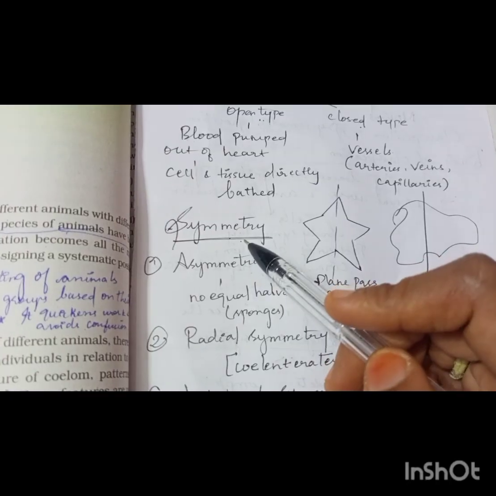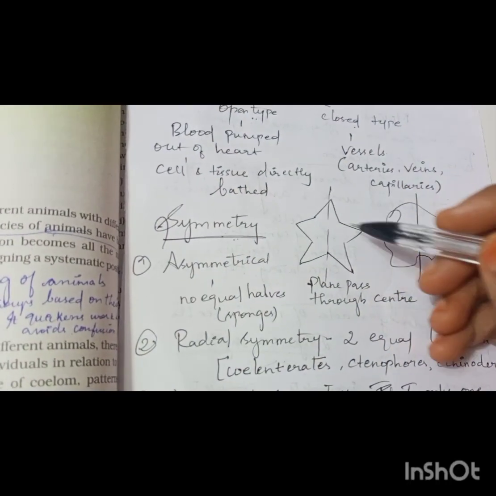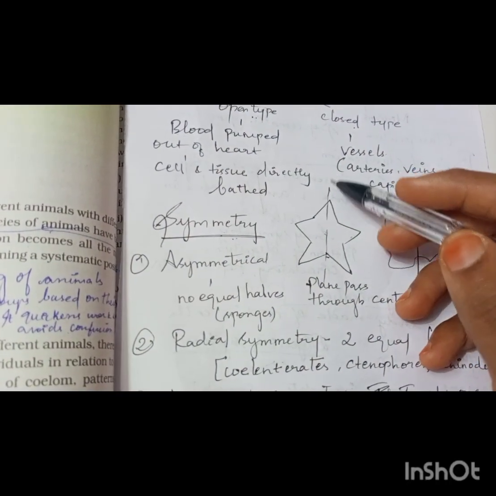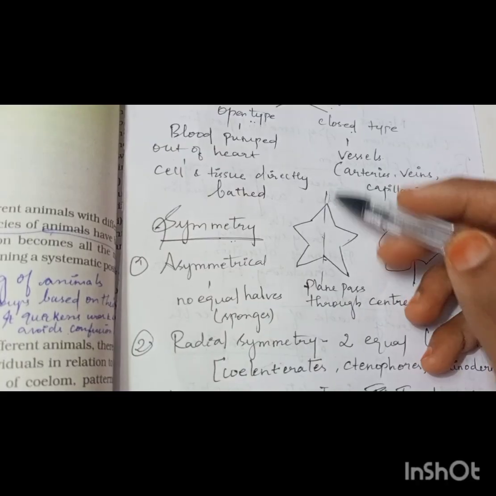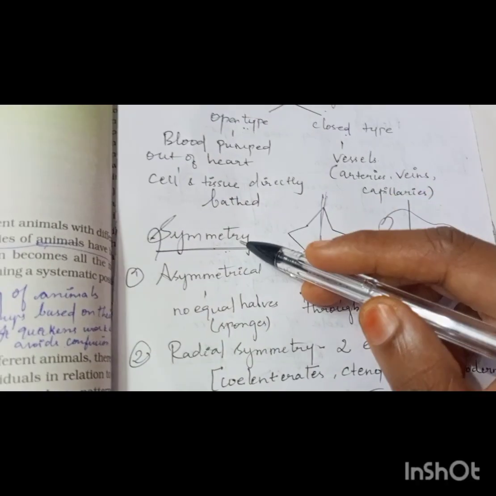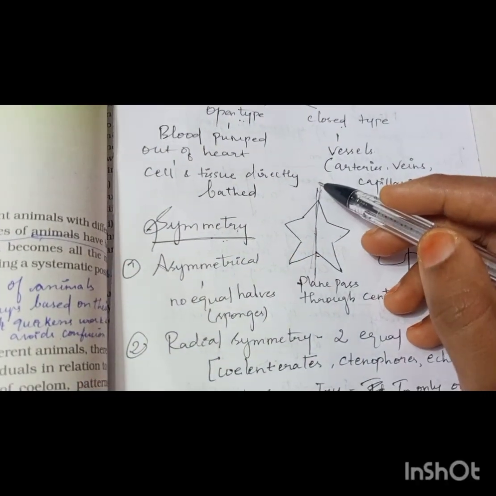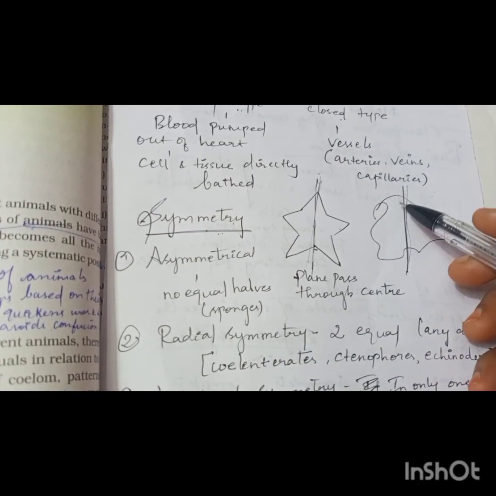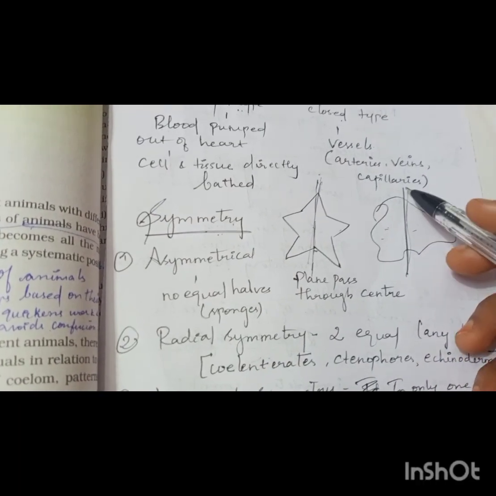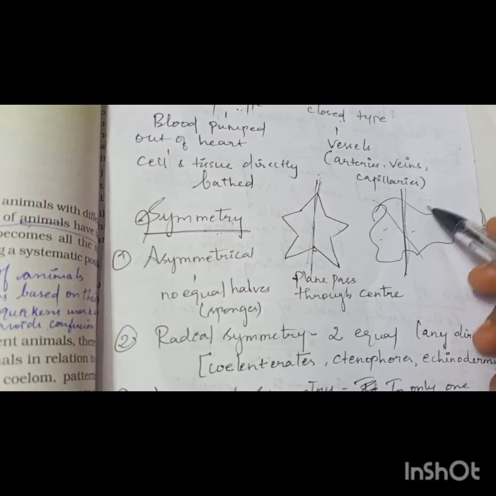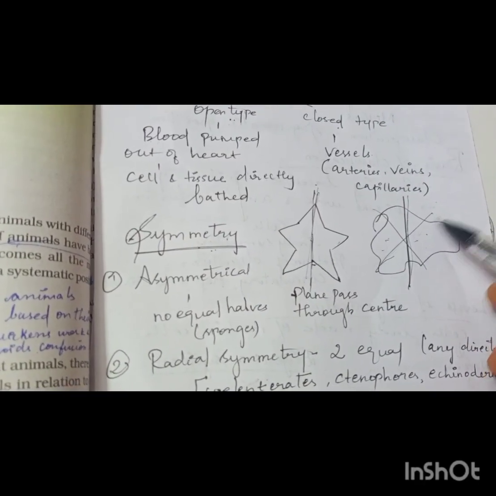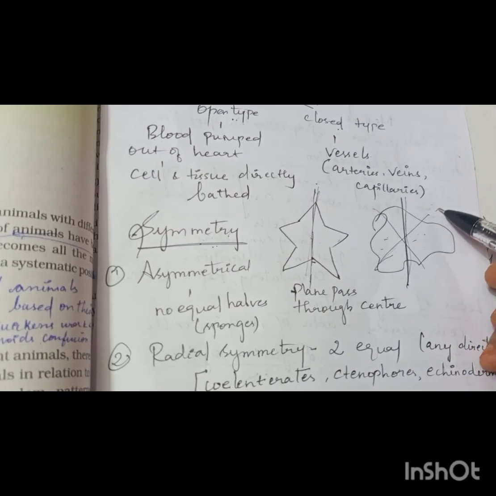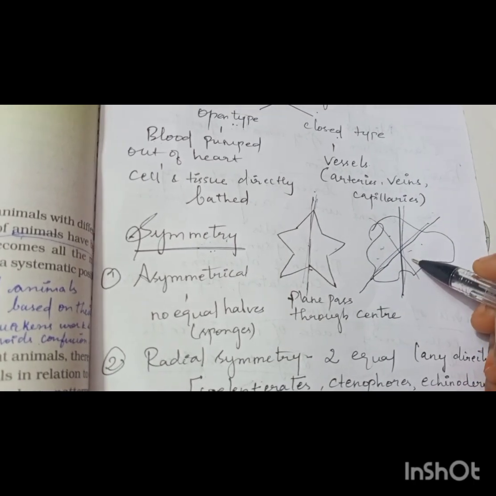The next comes symmetry. If we take an organism and draw a plane or a line passing through it, that is known as symmetry. If a symmetrical line is drawn at any angle and we do not obtain equal halves, for example, if I cut from this side, these two sides are not equal.